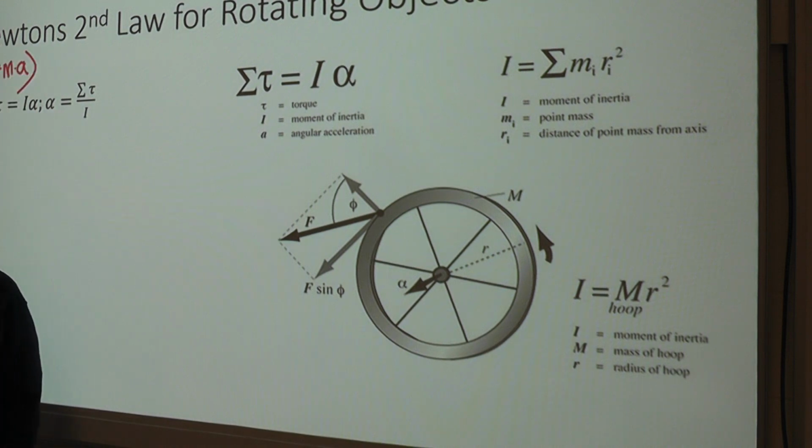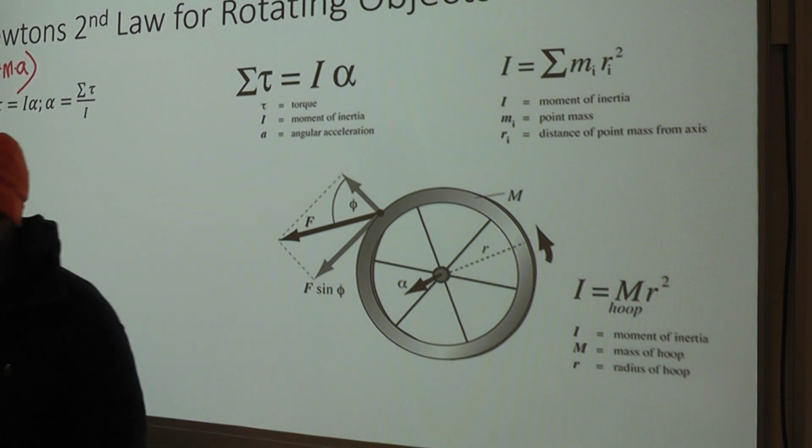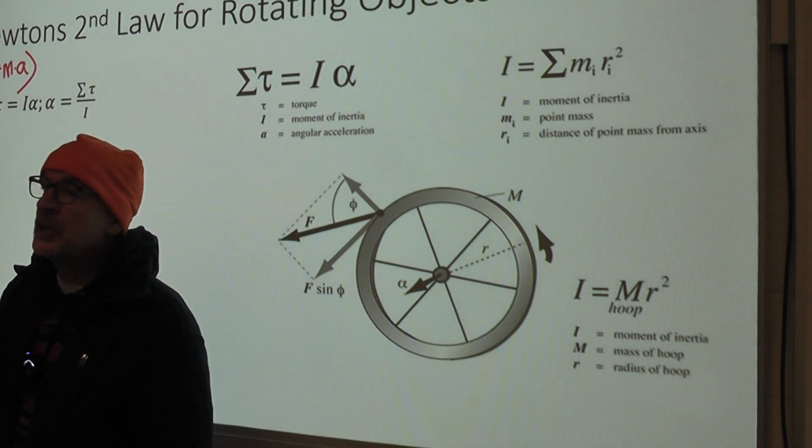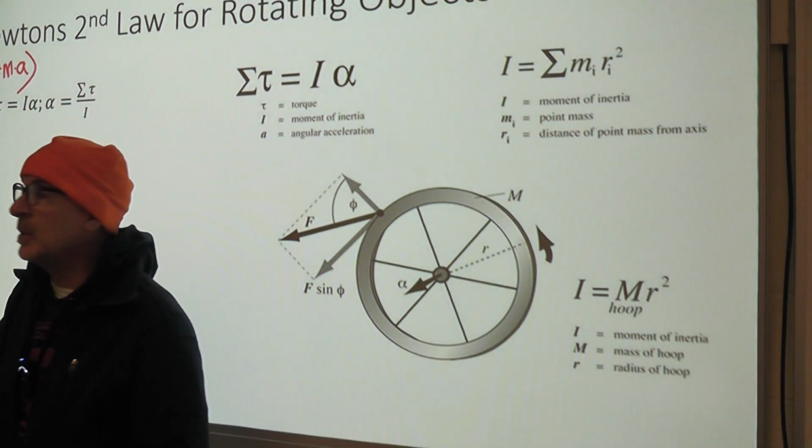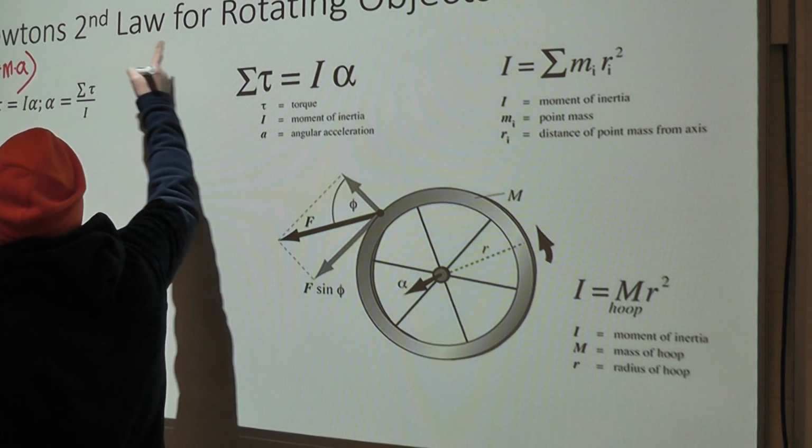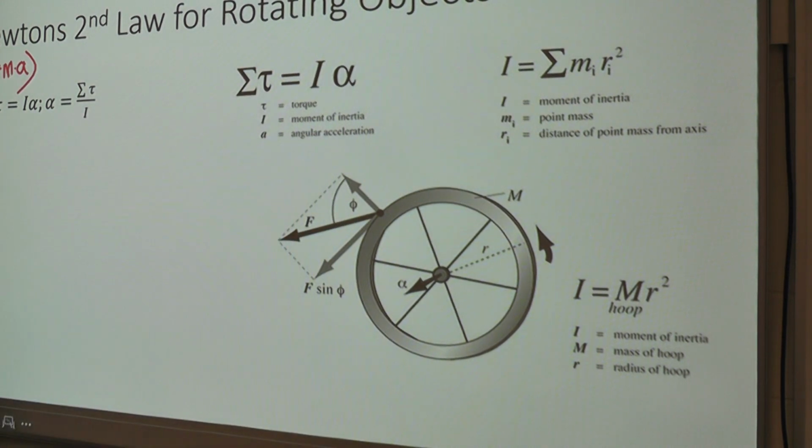And it turns out that the angular version of this is exactly the same, but it just uses the equivalent angular variables. So Newton's second law for rotating objects says the overall torque, if you have one torque on an object, then that is the overall torque. If there's more than one, you add them all up. If they're in different directions, it's the difference between them that matters.